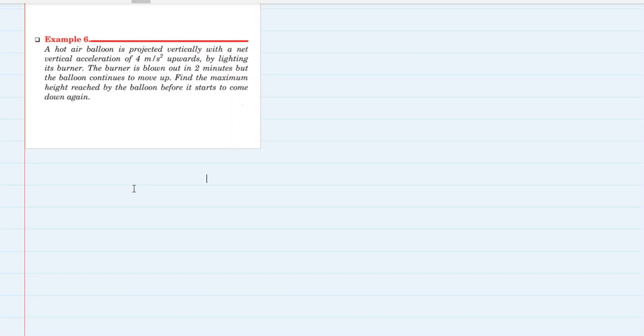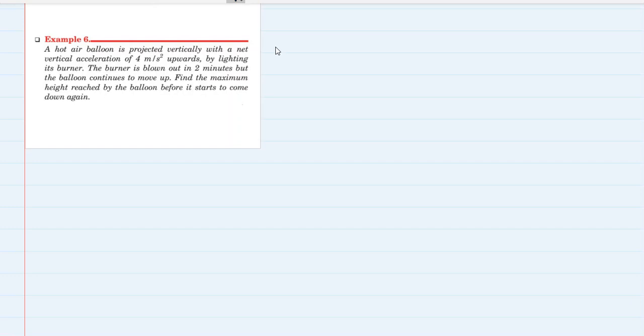Its speed is increasing at the rate of 4 meter per second every second, because the balloon has a driving force of that burner which is producing hot air. So if the burner is turned on, it accelerates upwards.